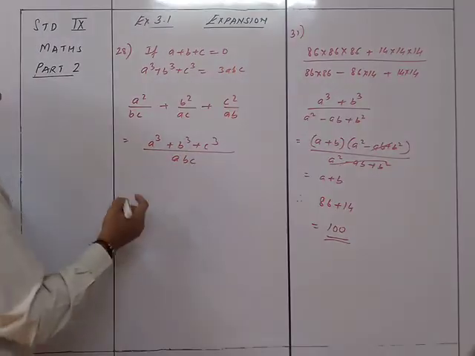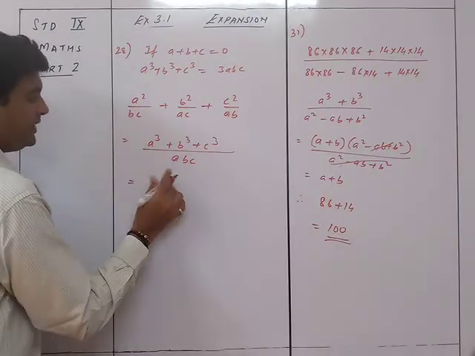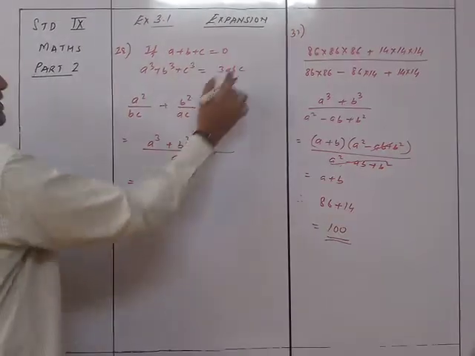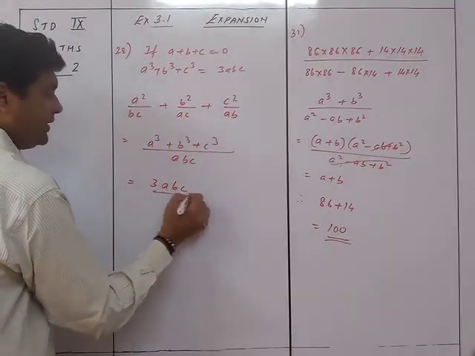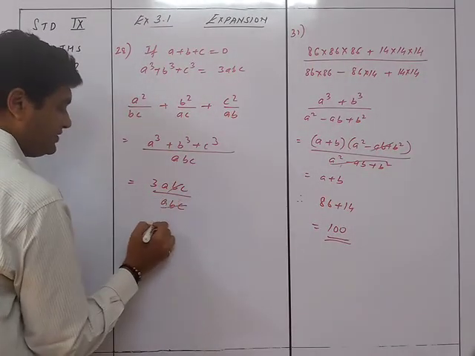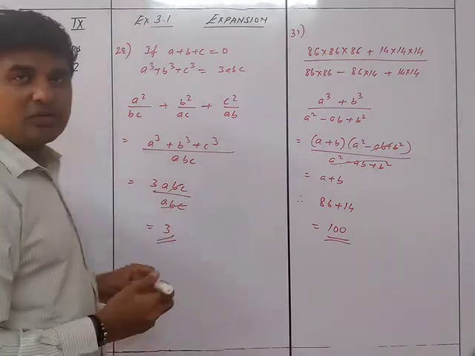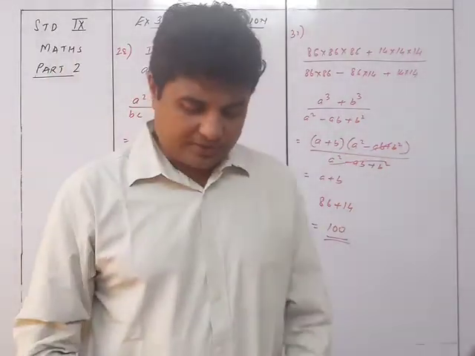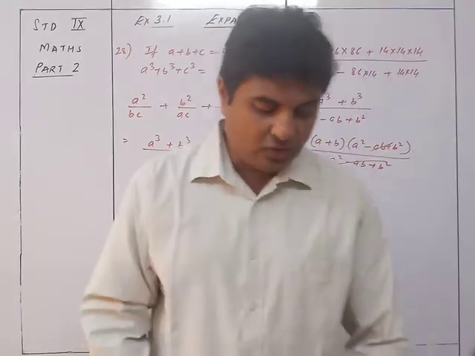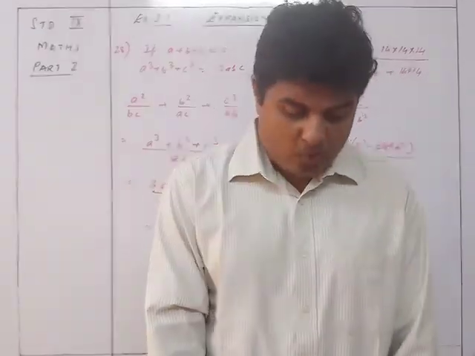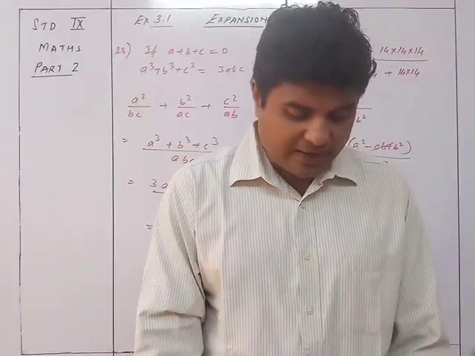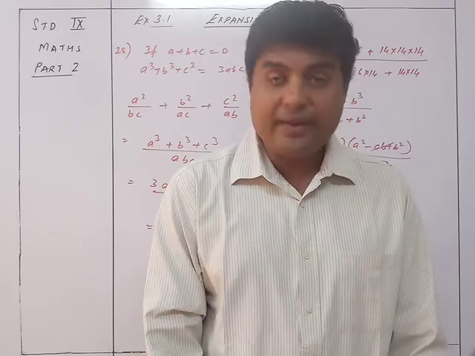Oh no, this is a very easy sum. So a cube plus b cube plus c cube is 3abc, so it's abc upon abc. Yeah, it's 3. Okay, this was an easy sum, but I thought it looked tricky, so I thought I would just check it out. Fine, so this was the end of exercise 3.1. We now move to exercise number 3.2 in the next video.